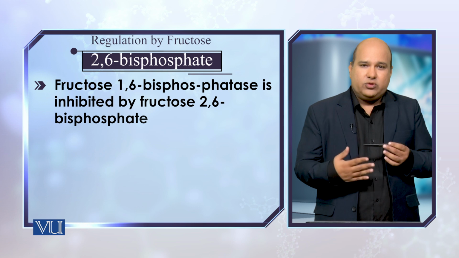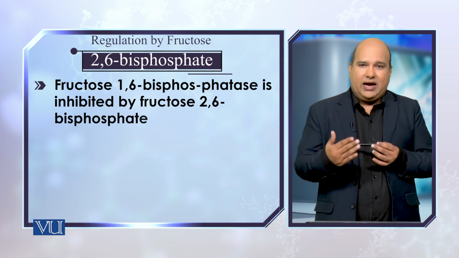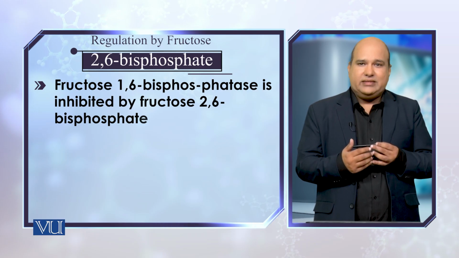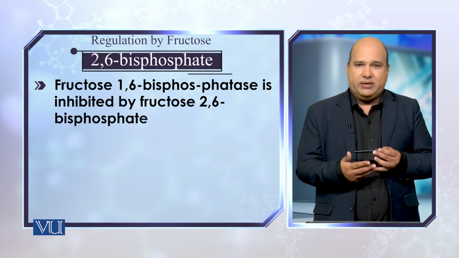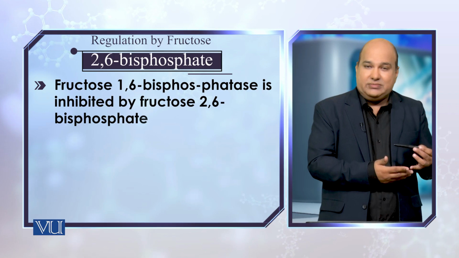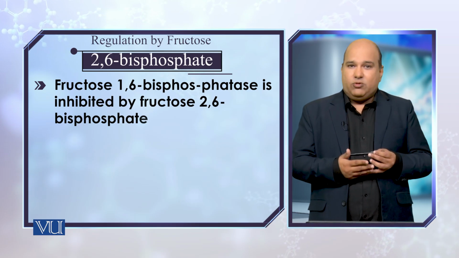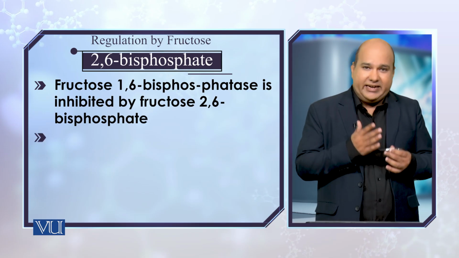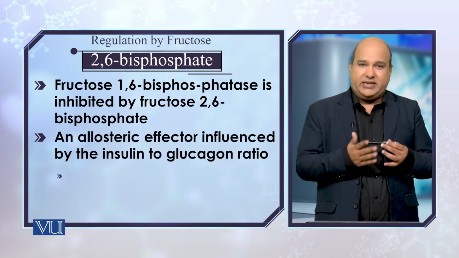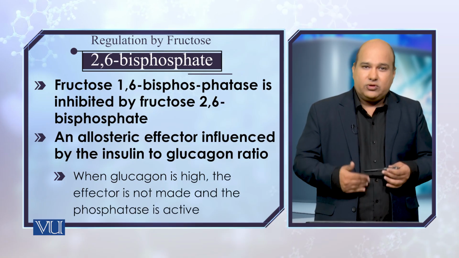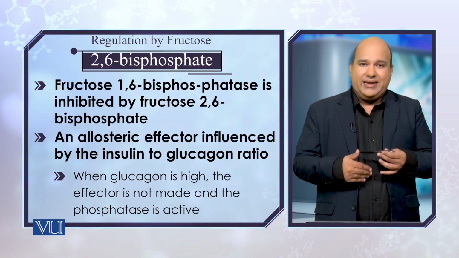Gluconeogenesis will also be inhibited, because there is not much energy present and gluconeogenesis demands so much energy. But if there is excessive ATP present in the cells, gluconeogenesis will be highly active.